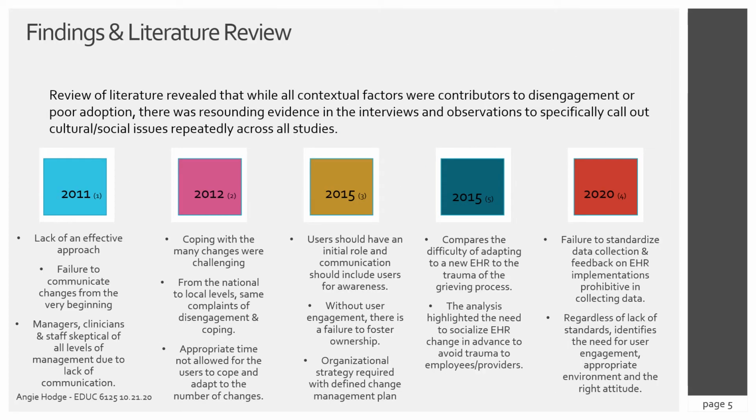The findings in the literature review revealed that while all contextual factors were contributors to poor adoption, there was resounding evidence in the interviews and observations to specifically call out cultural and social issues repeatedly across all studies.